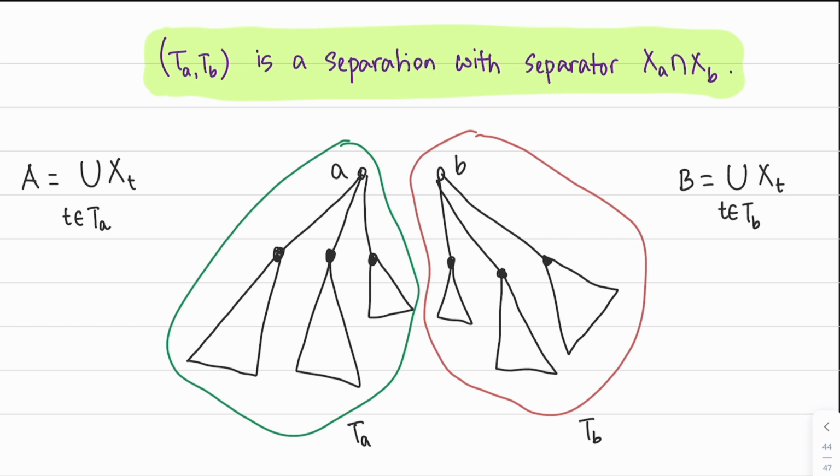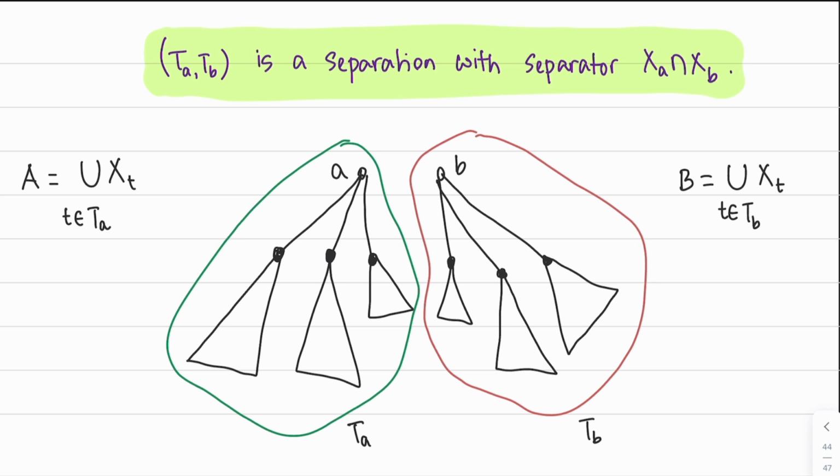Okay, so we want to say that the vertices that are common to XA and XB separate everything else in A and B from each other. Now, I'm not going to explicitly prove this, but the idea is very similar to what we did when we were thinking about path decompositions, where we again separated along a place in the middle of the path. So you can think of this as a generalization of that idea that we had for paths. Again, the proof is along similar lines.